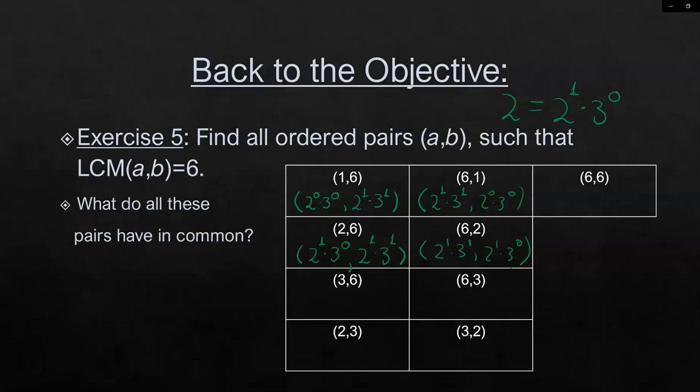So Athip is now doing the next one. Yes, Athip is now decomposing 3. He wrote 3 as 2 to the 0 power times 3 to the first power. And then 6 is the same. And of course, the mirror image, I can rewrite it like this. Very good, very nice.